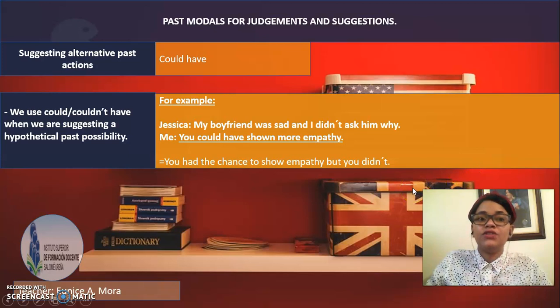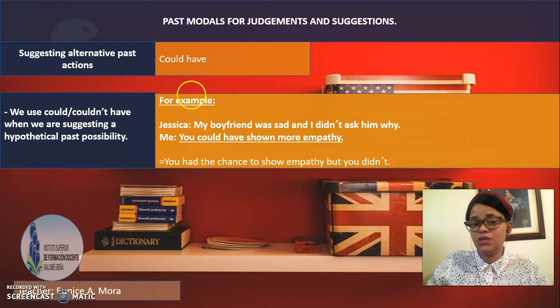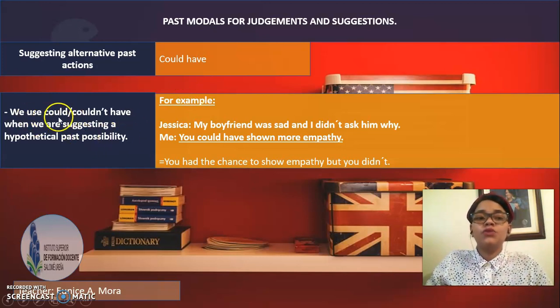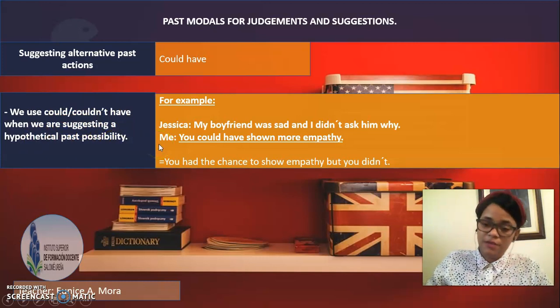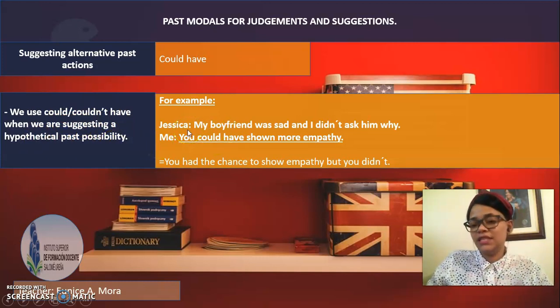When we are suggesting alternative past actions, we also use could have, for possibilities, something that I consider was a possibility to be taken into account. We use could or couldn't have when we are suggesting a hypothetical past possibility. For example, if Jessica says, my boyfriend was sad and I didn't ask him why.